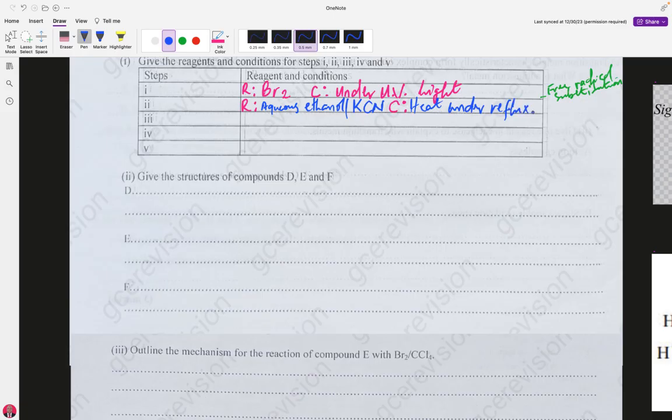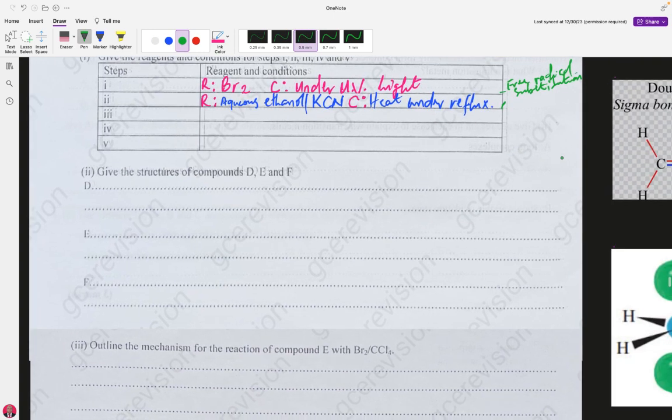I said the condition here is to heat this mixture under reflux in aqueous ethanol. And for the purpose of revision, once more, this type of reaction where there is an increase in one carbon atom is called nucleophilic substitution, with what?